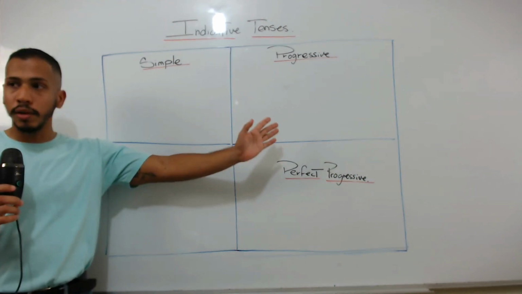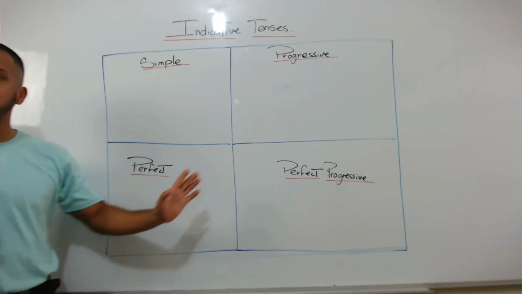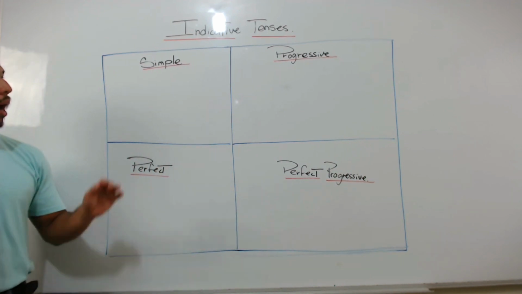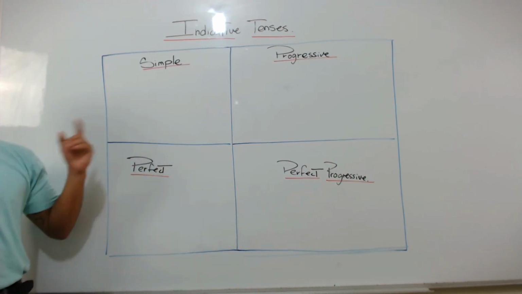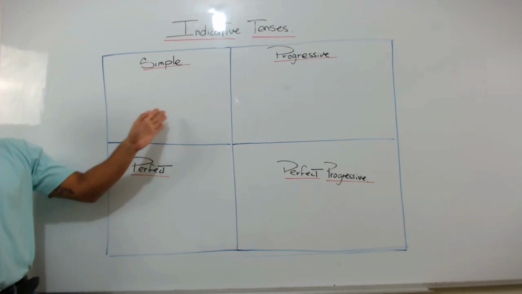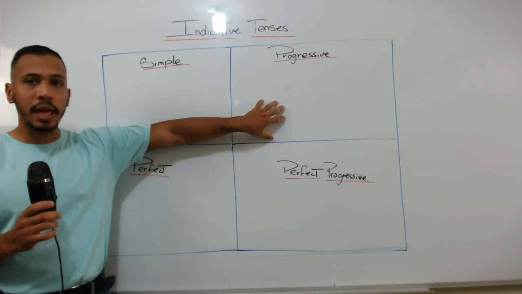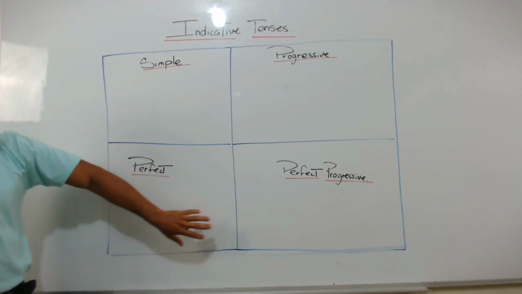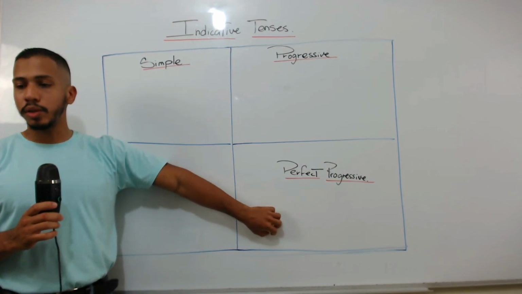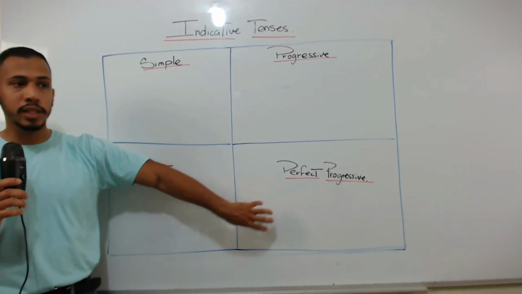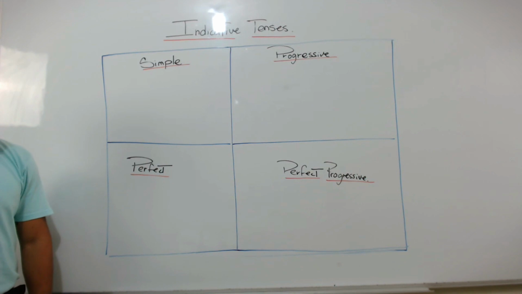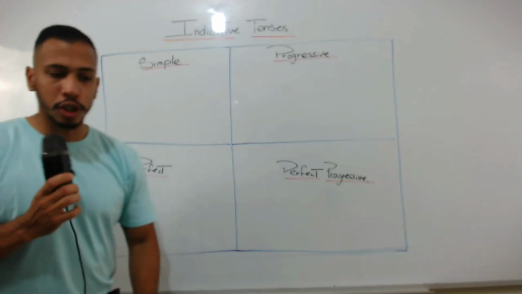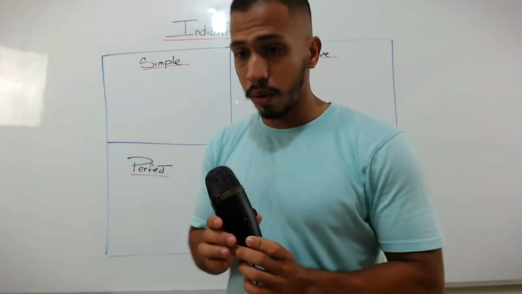Then I'm going to do the progressive, and then I'm going to walk to the perfect and keep going. I'm going to try to do one in all the tenses: present, past, future, and so on. Same thing here in perfect, and then we'll see if we can get to this one. If we cannot get to the perfect progressive, we'll try to do it next time. Very good. Just please write down what I'm going to write down on the board.